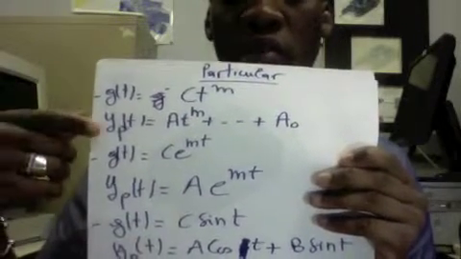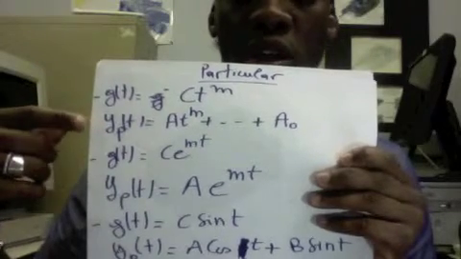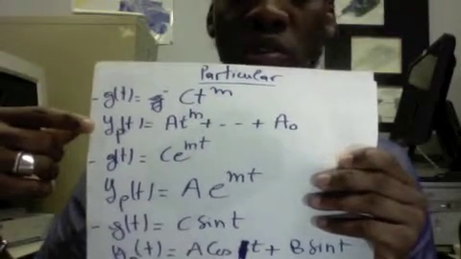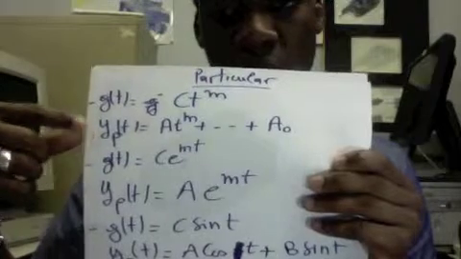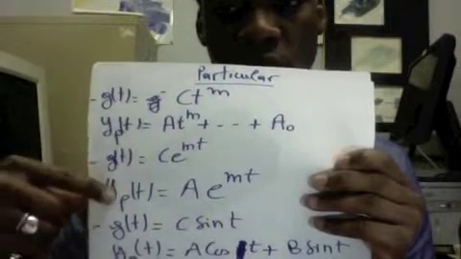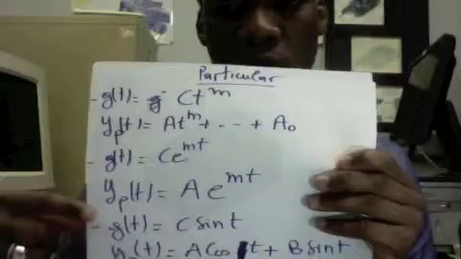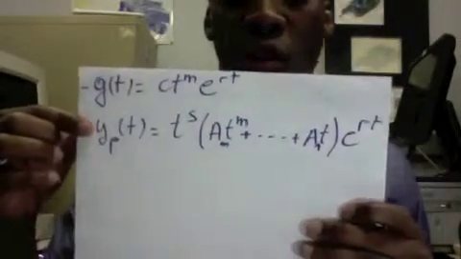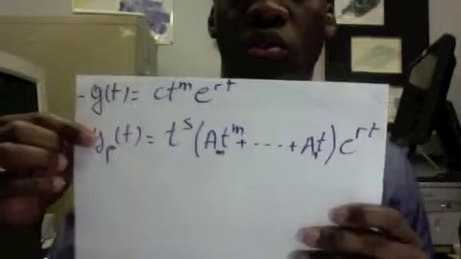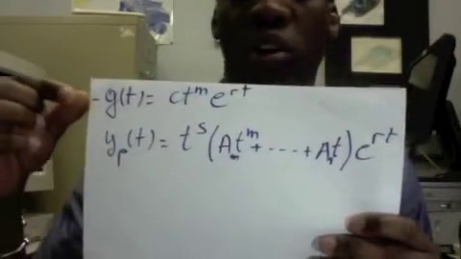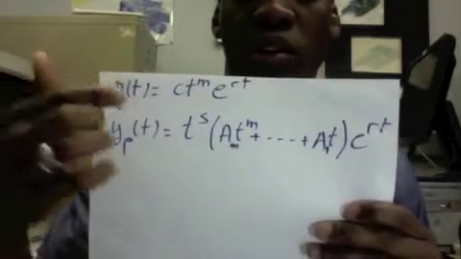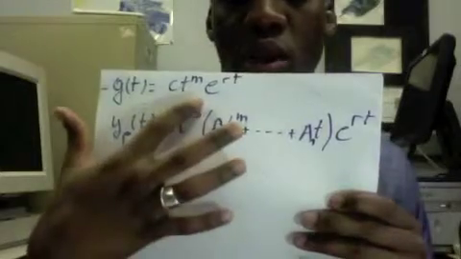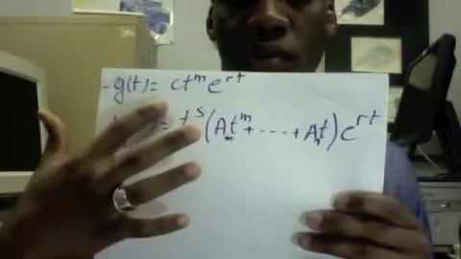And here you have the results, or the particular solution that we are able to write based on g(t). Here for this solution, yp(t), the particular solution, is based on a g(t) that is a combination of an exponential and a polynomial.